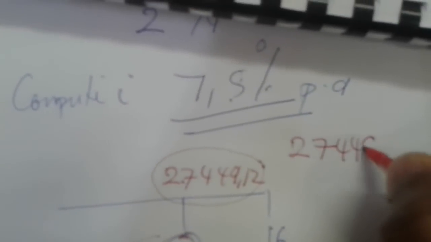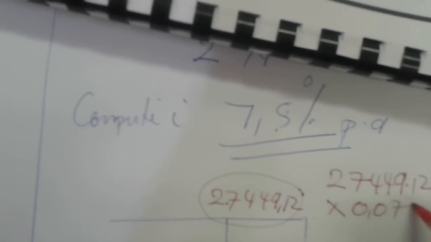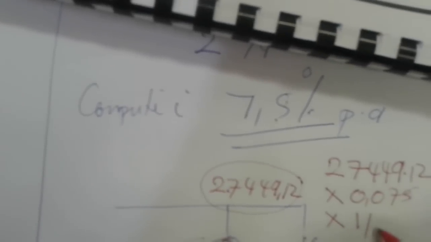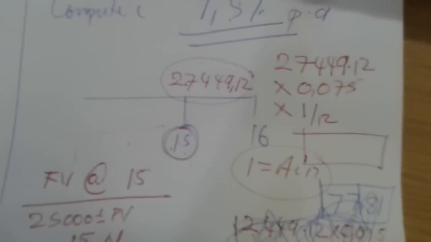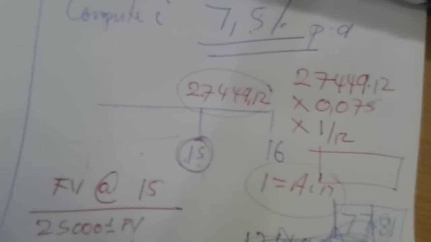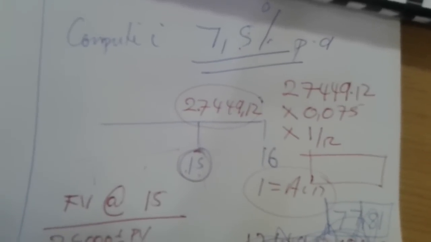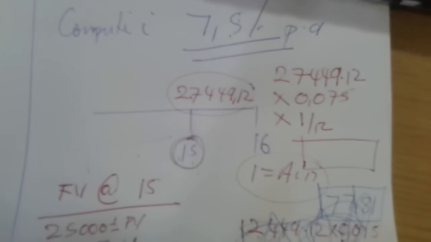Okay, I think I'm a bit confused here because I'm using the wrong figure. So actually my answer is 27 here, not 12,000. So it is 27,449.12 multiplied by 0.075 multiplied by 1 over 12, and this gives me my first answer, which is 171.56.